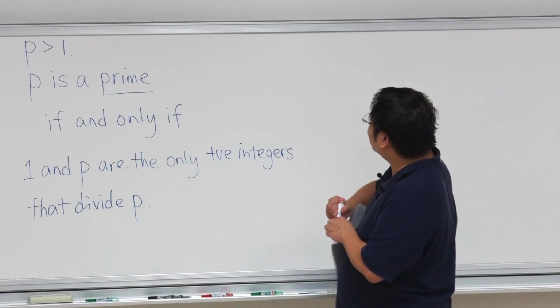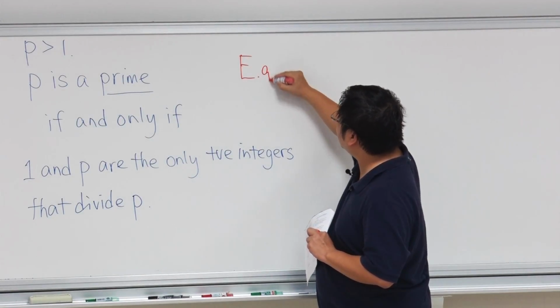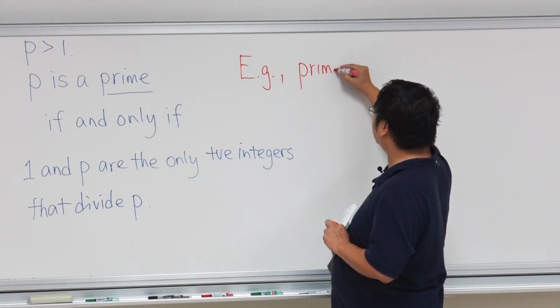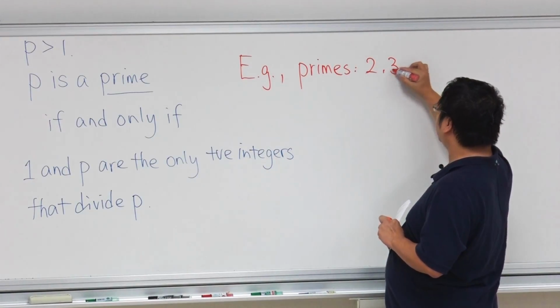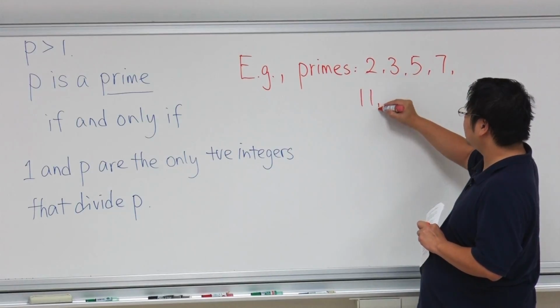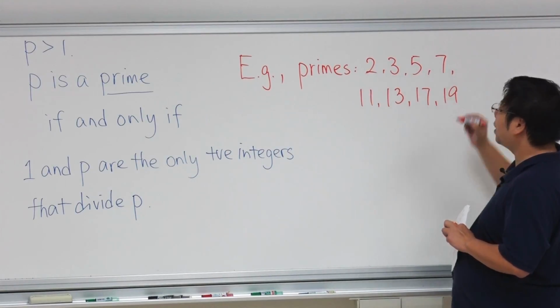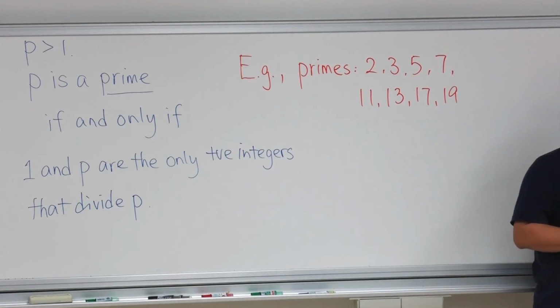Let us recall the first few primes. 2 is a prime, 3 is a prime, 5 is a prime, 7 is a prime, 11 is a prime, 13 is a prime, 17 is a prime, 19 is a prime. All the numbers that we miss are not primes.